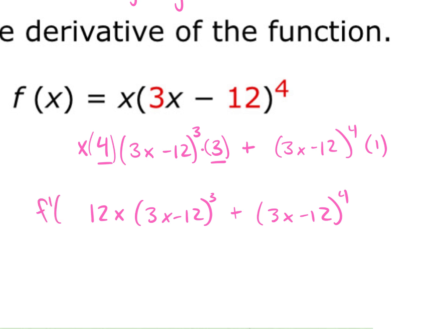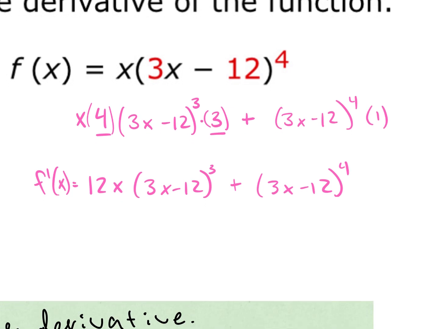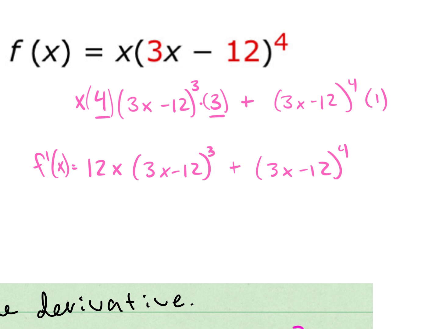Do we have a GCF? What's our GCF? Not 3. 3x minus 12 to the third power. So I'm going to take that out. 3x minus 12 to the third power. We're left with 12x plus.